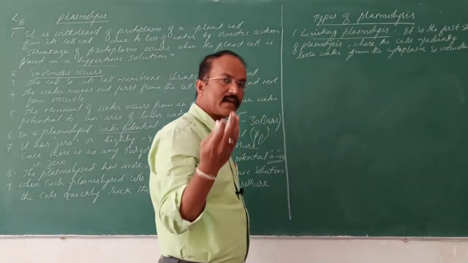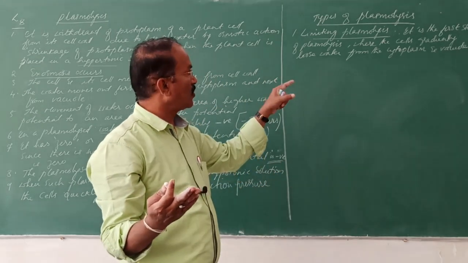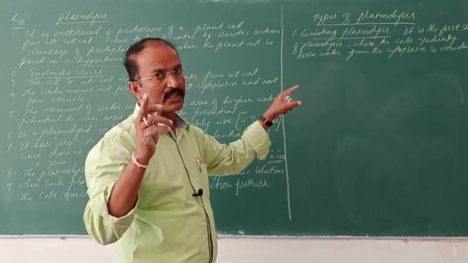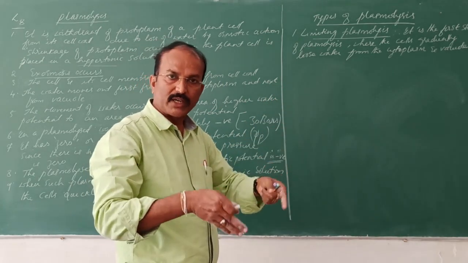Now, in the cell some turgor pressure is there. When it starts losing water, in the initial, beginning stage, the turgor pressure decreases, the pressure potential decreases.